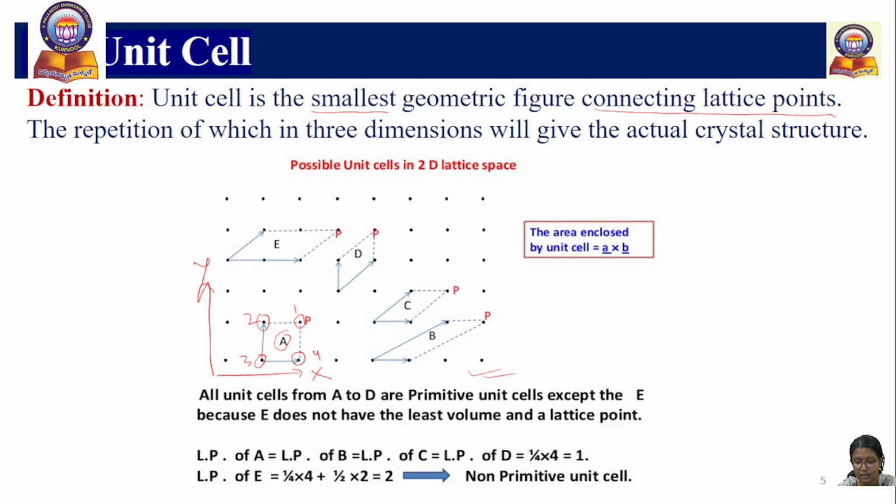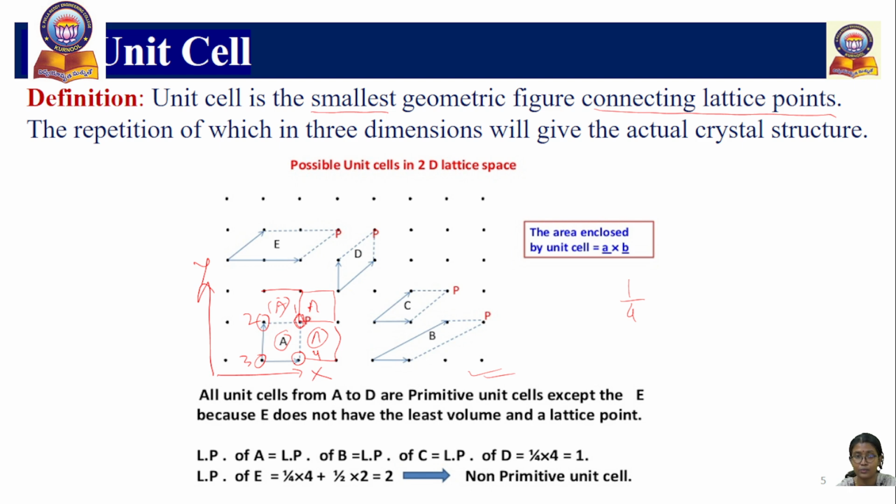No, it is not completely inside A, because if we repeat this A in the X and Y direction, X also I am repeating, Y also I am repeating, then again here also we will get an A, here also we will get an A, and here also we will get an A. So you see this lattice point number 1, I have circled this one, it is shared with how many A? Altogether 4. So one lattice point is shared with 4 unit cells.